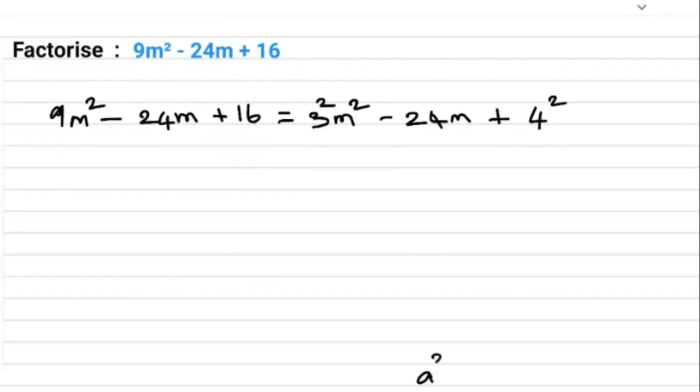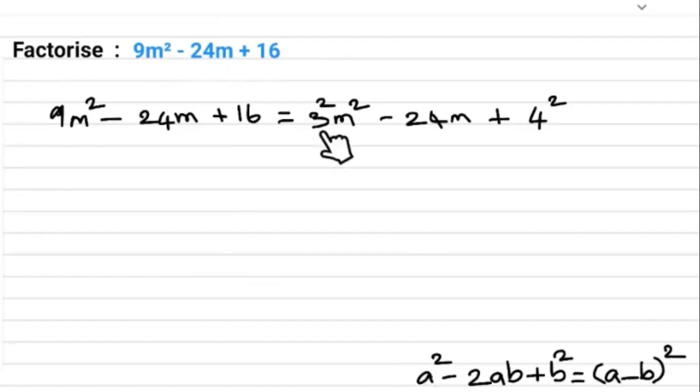So now this is in the form a² − 2ab + b², right? So (a − b) the whole square formula, so we are going to apply. In the place of a it is 3m, and in the place of b it is 4. So 2ab will be 24m.